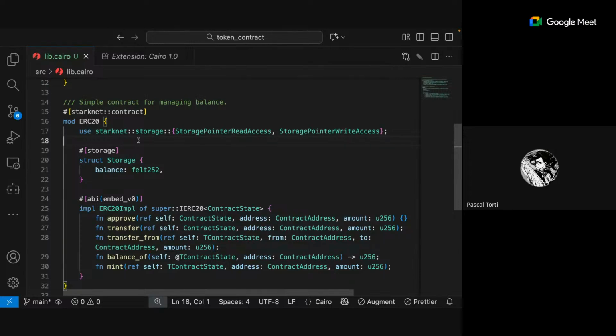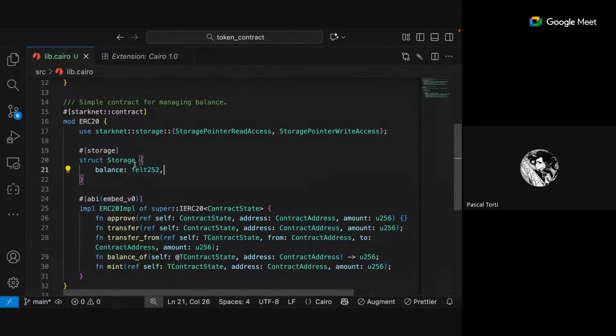Maybe you go back to a past project, or you go to the Cairo Book or Starknet by Example, and you see some examples there on how to use some of their variables. But using your sense, you know there's a balance here. This balance is for what exactly?